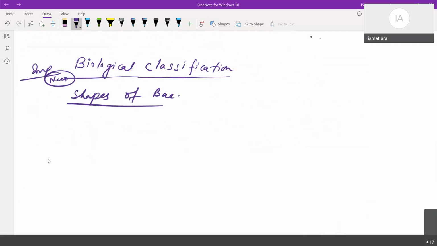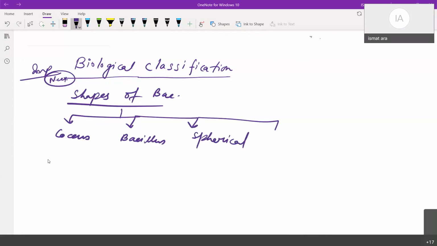Basically they are divided into categories. One is coccus, second one is bacillus, third one spiral.